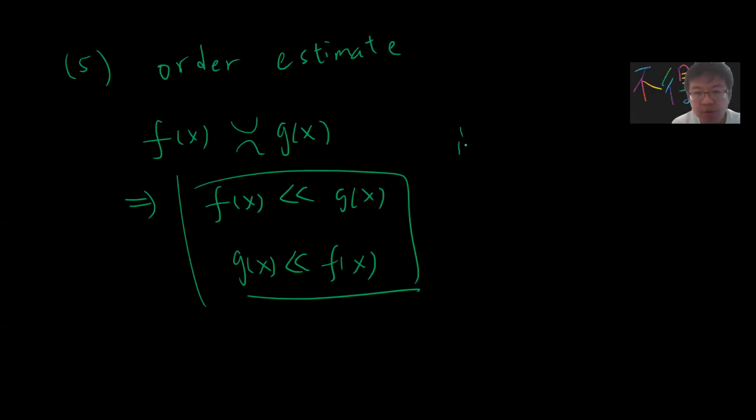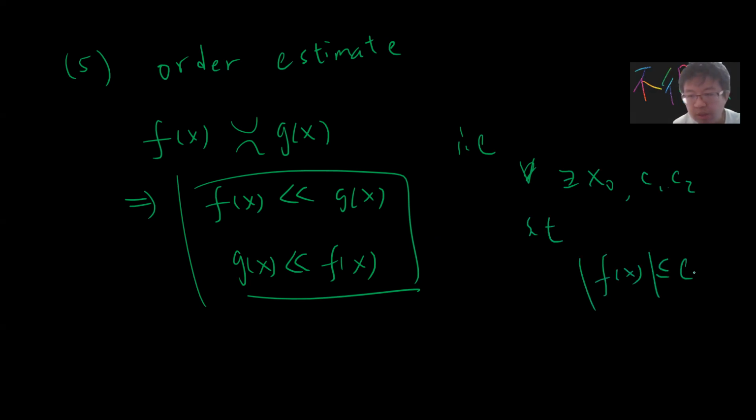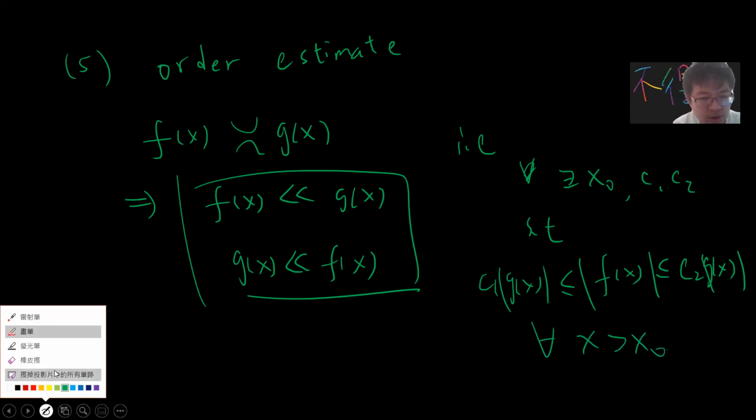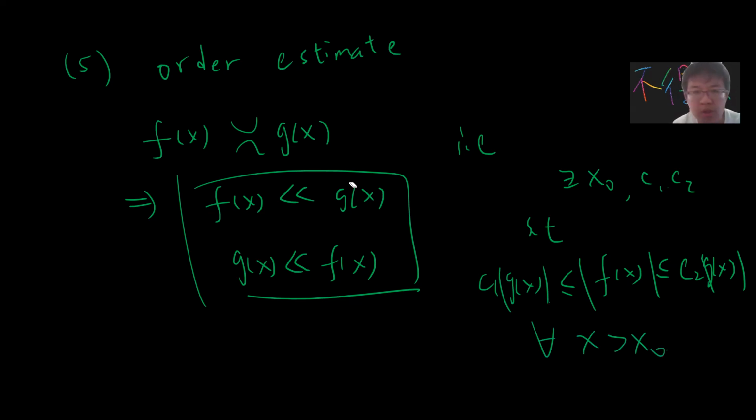Or equivalently, there exist x0, c1 and c2, such that f of x is bounded above by c2 g of x and greater than or equal to c1 g of x for all x greater than x0. This is the common notation that we will encounter.